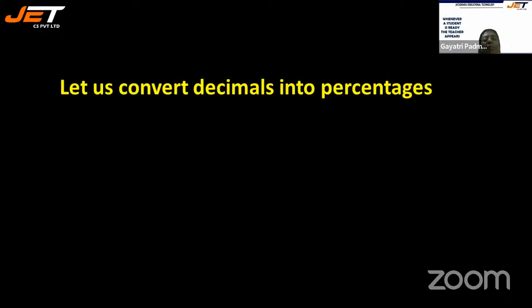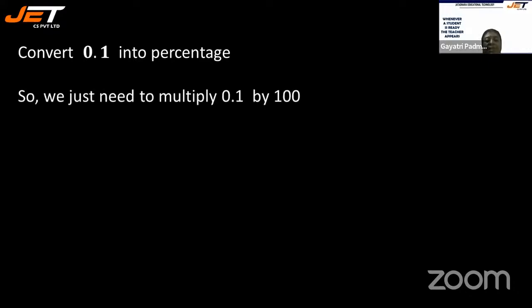Right. Now we are going to convert decimals into percentage. Let's see how this is done, being the first sum. Convert 0.1 into percentage. As I have already told you, when we need to convert into percentage, we just have to multiply by 100. So 0.1 into 100 is 10.0, which is 10%.